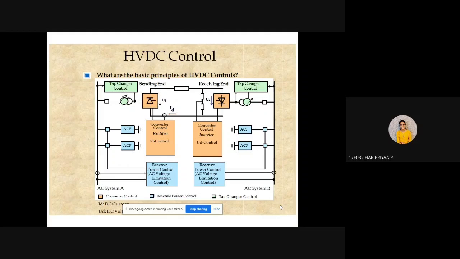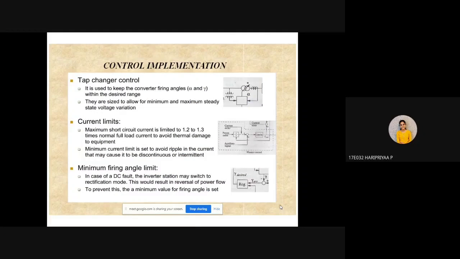In this block diagram, the tap changer control is used to keep the converter firing angles within the desired range. They are sized to allow for maximum and minimum steady state voltage variation. Then the current limits.